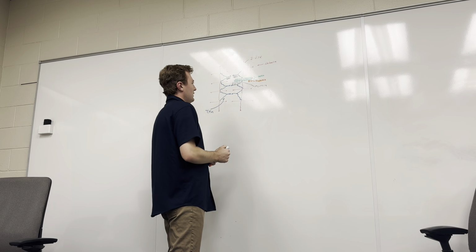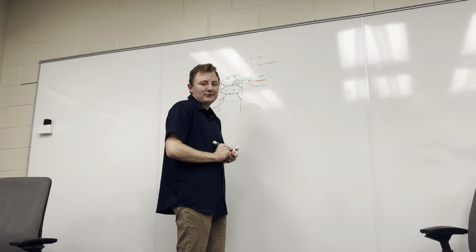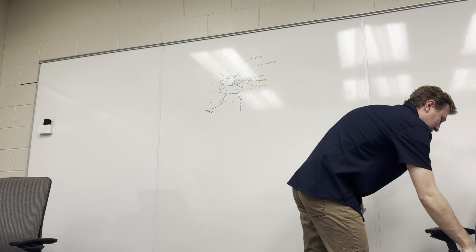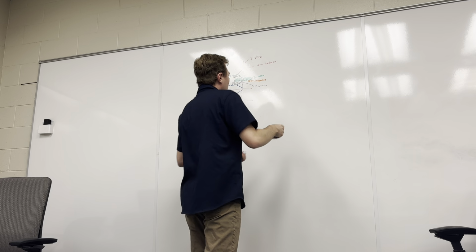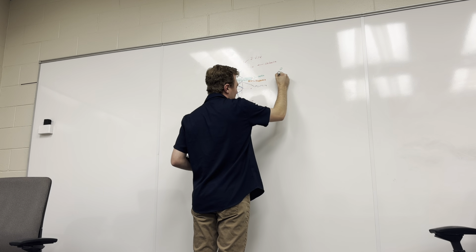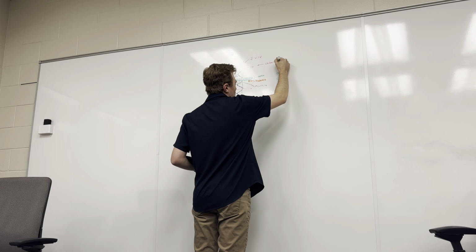So first of all, let's talk about the structure of our actin. Actin has a couple of parts. The single subunits of actin are called G-actin.